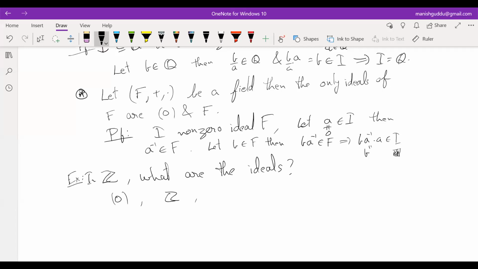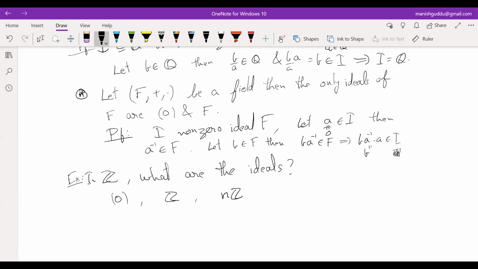Any multiple nZ. Exactly, you take any integer n and consider its multiples. You can check that this is an ideal, but a slightly more non-trivial fact is that these are all the ideals.